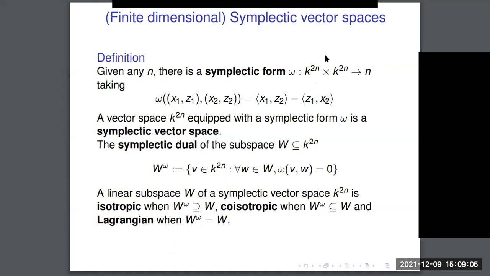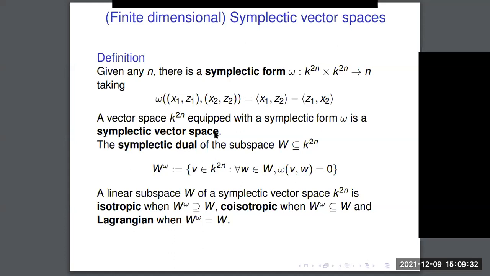And what it does is you think of k^2n as being composed of two subvectors. Think of the first one as the position coordinates and the second one as the momentum coordinates. Then the symplectic form takes the inner product of the z and x, the position of one and the momentum of the other, and then takes the difference.